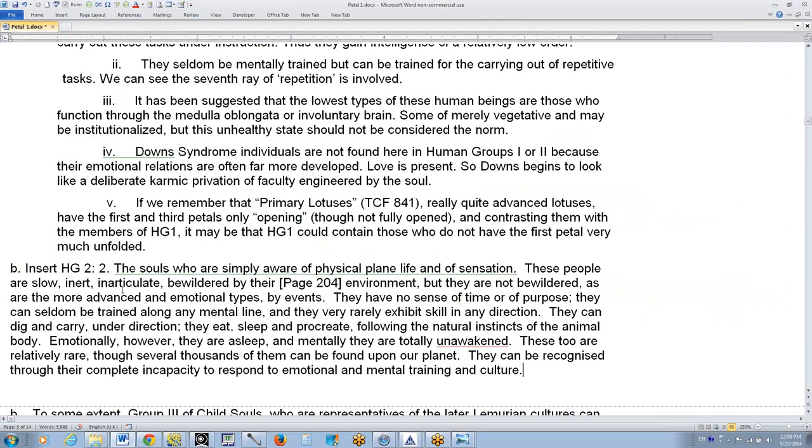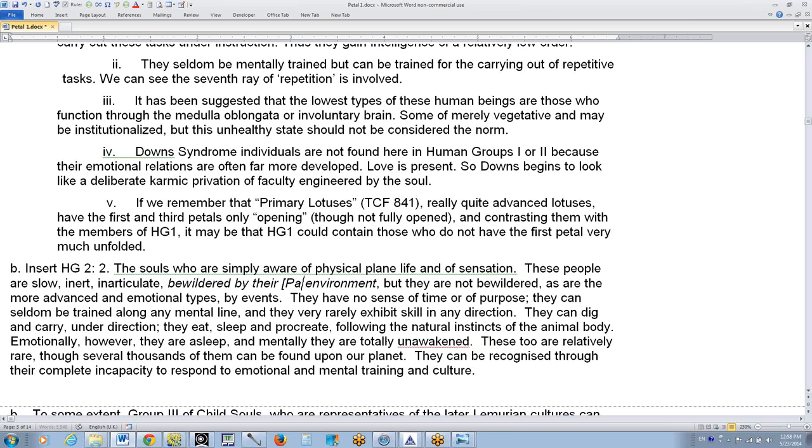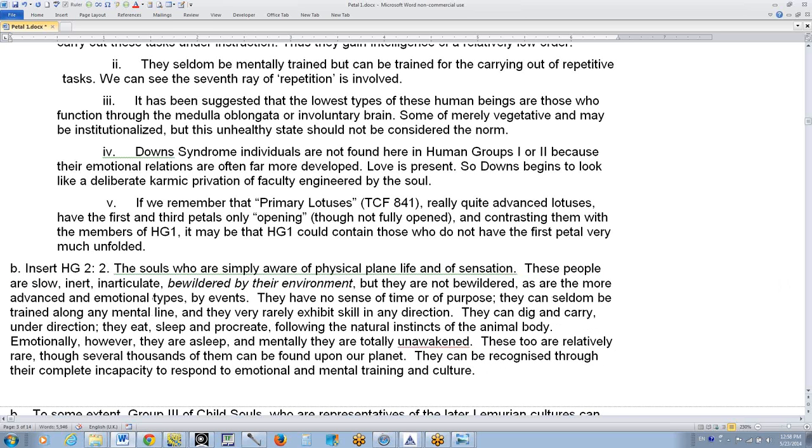And these people are slow, inert, inarticulate, bewildered by their environment. But they are not bewildered by events, as the more advanced and emotional types are. They have no sense of time or purpose, and they can seldom be trained along any mental line, and very, very rarely exhibit skill in any direction. They can dig and carry under direction.